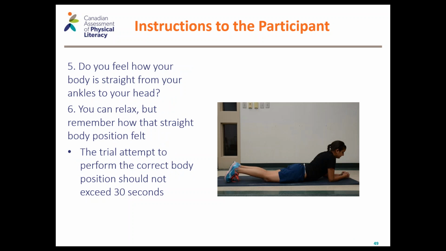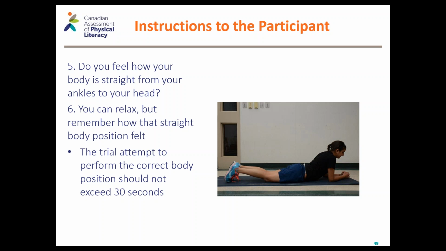We're going to get the child to come out of the position at this point just to ask them, okay, this is how it feels. Do you feel how your body is straight from your ankles to your head? Once they understand that that's the position they're going to have to maintain, we're going to start the assessment, and they're going to perform that protocol for as long as they can, and we're going to give them warnings as they go.